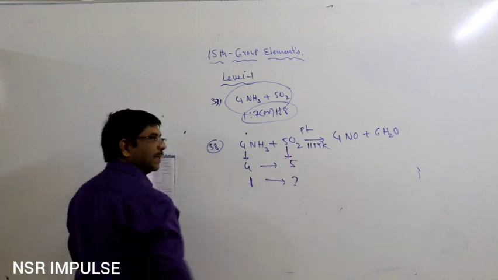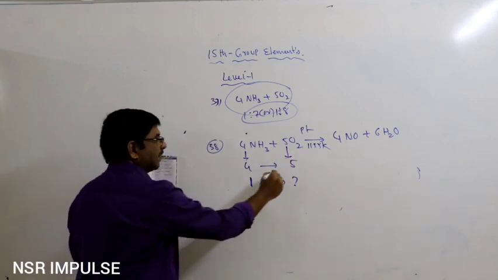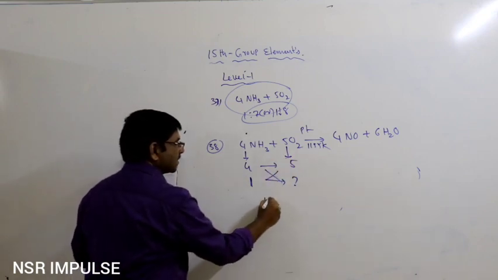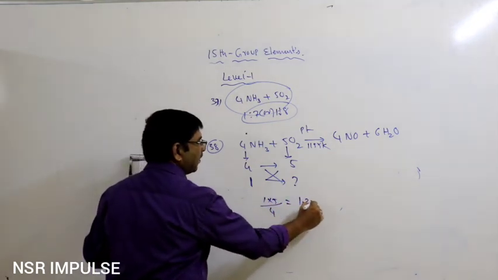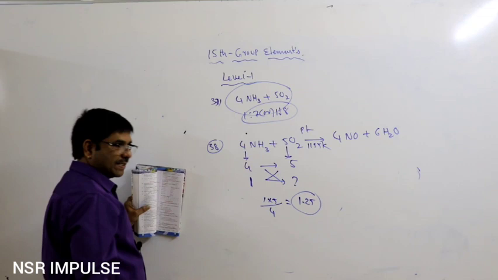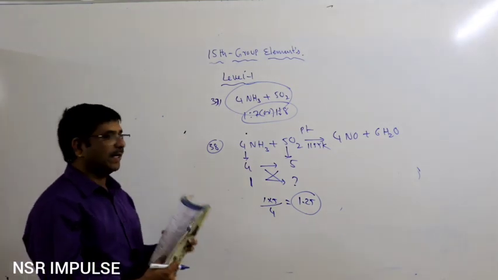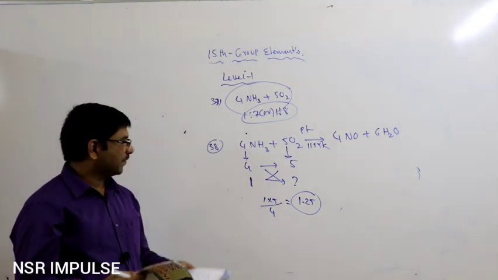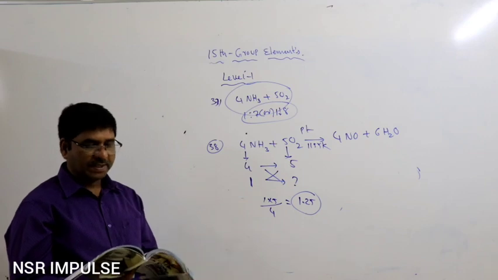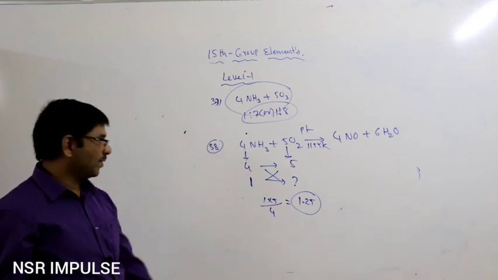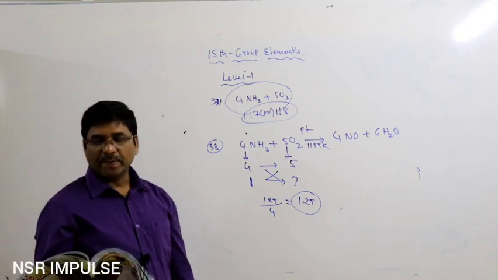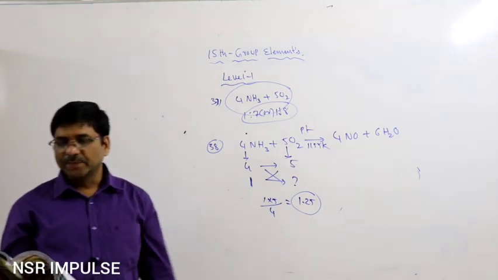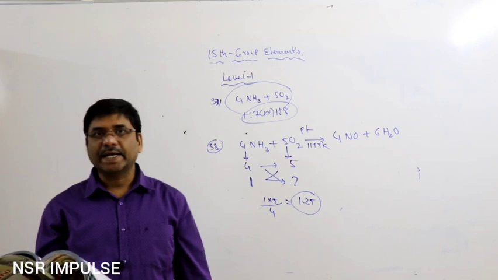How many moles of oxygen are required? You know the crisscross method: 1 into 5 by 4, that is 1.25. So the answer is 1.25 moles. Question 38, answer is 1.25 moles. Next question, 39th question.